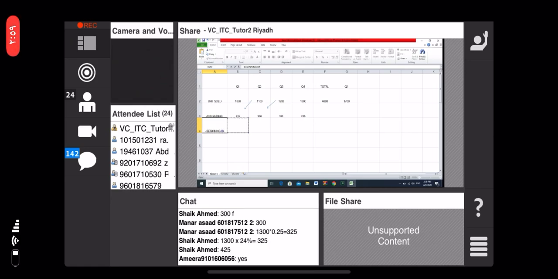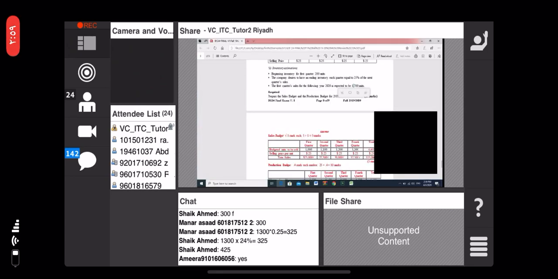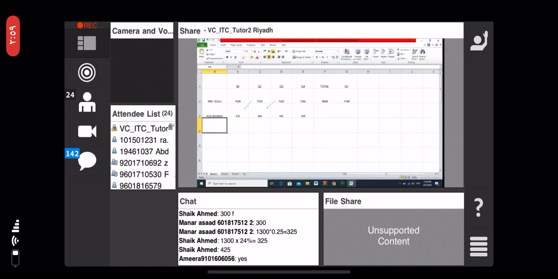How can you find the beginning inventory for the first quarter? Here also you will have a message. He said the first quarter beginning inventory was 200 units. So you put 200 here.